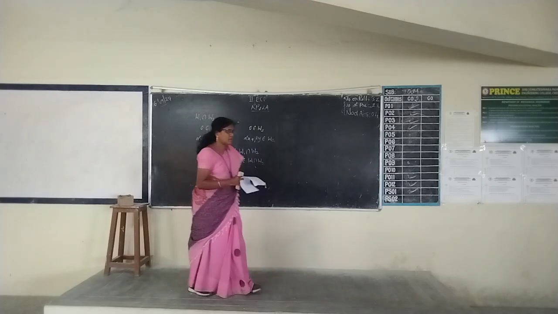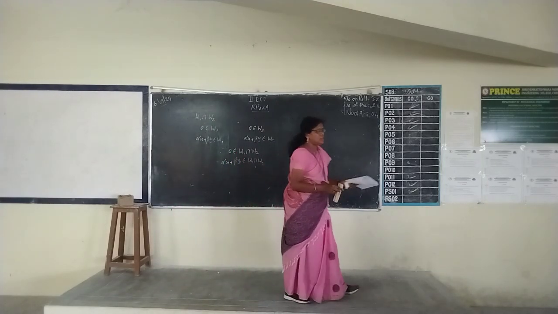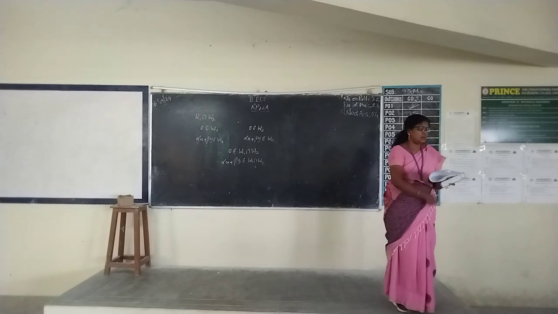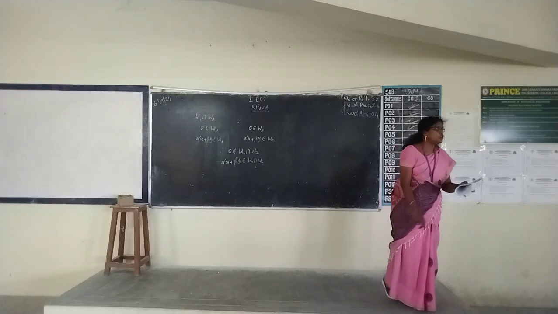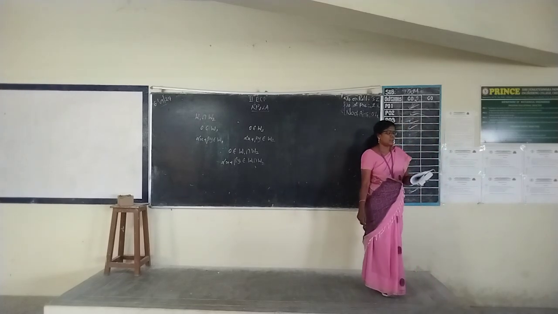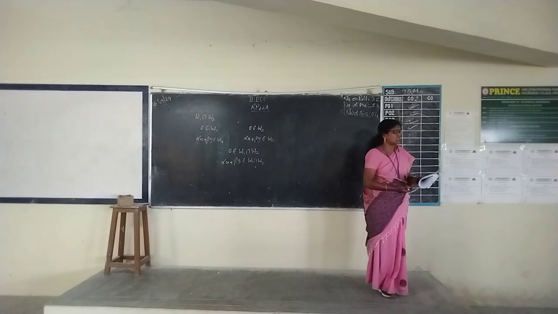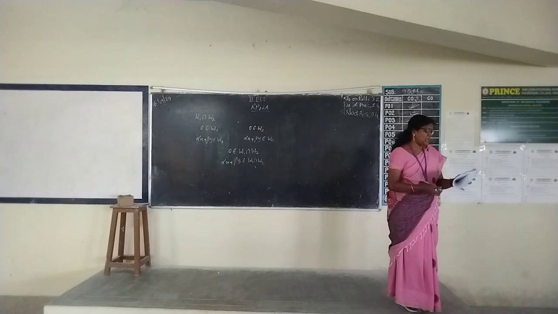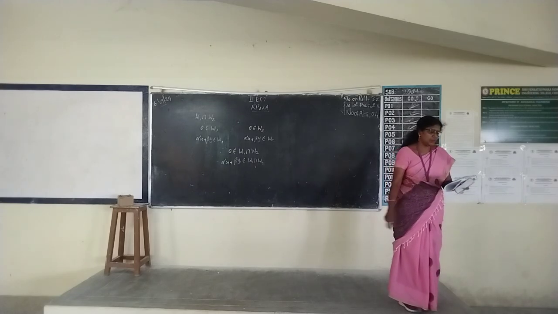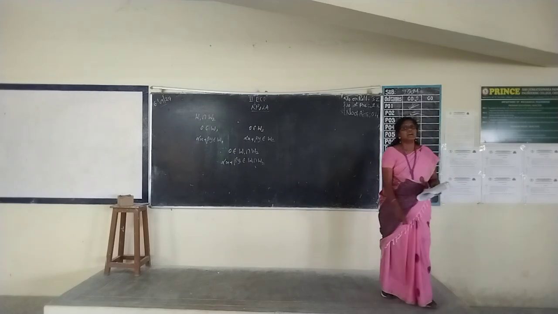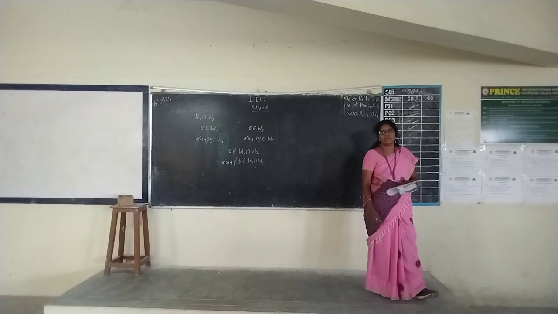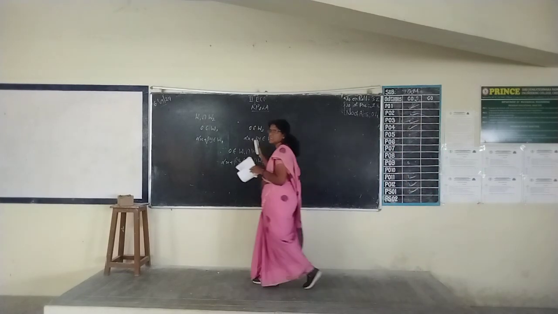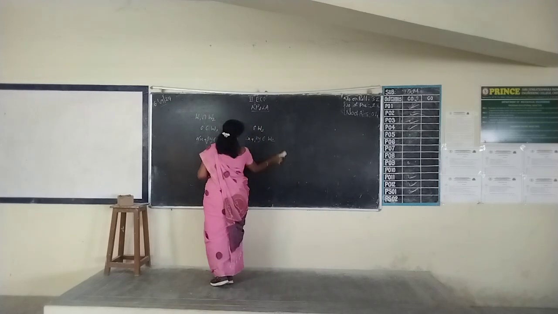Next result. Prove that union of two subspaces of a vector space need not be a subspace.